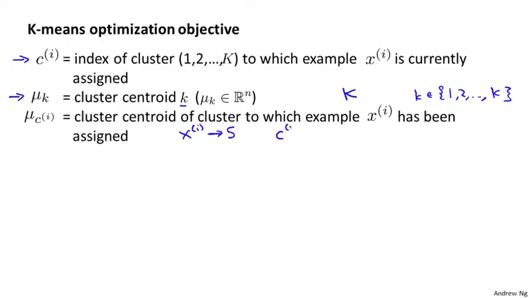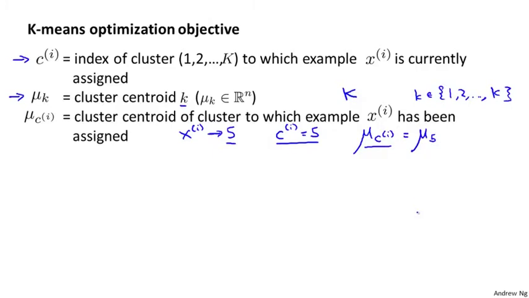What that means is that ci, that is the index of xi, is equal to 5, because having ci equals 5 is what it means for the example xi to be assigned to cluster number 5. And so mu subscript ci is going to be equal to mu subscript 5, because ci is equal to 5. And so this mu subscript ci is the cluster centroid of cluster number 5, which is the cluster to which my example xi has been assigned.